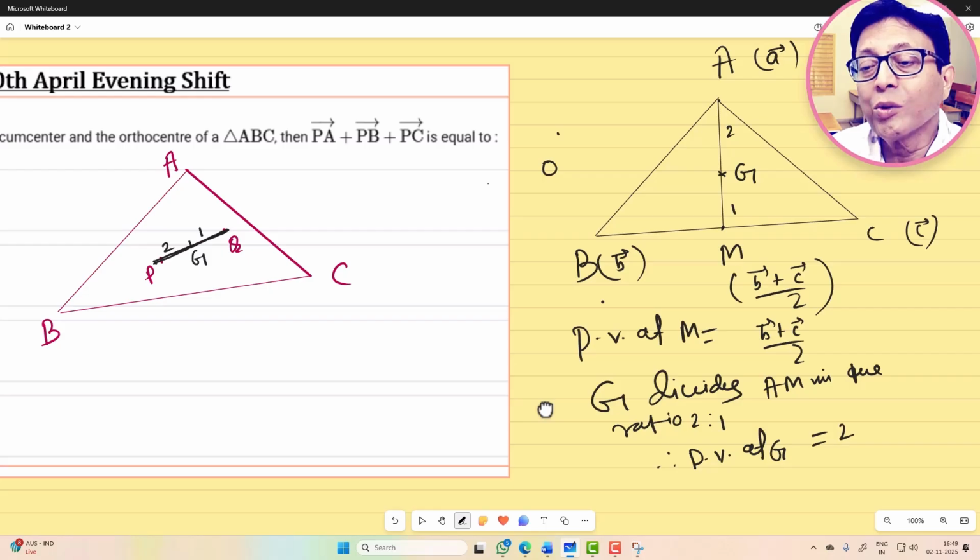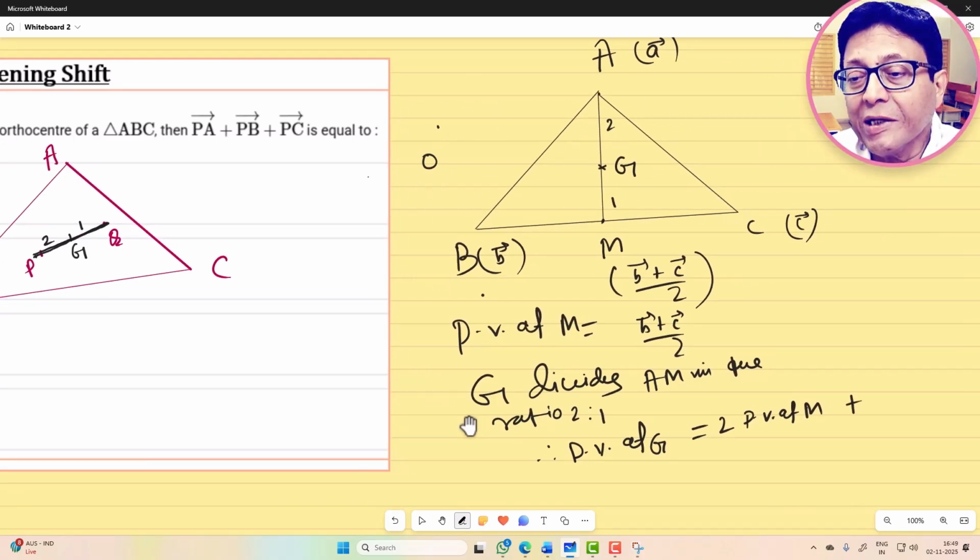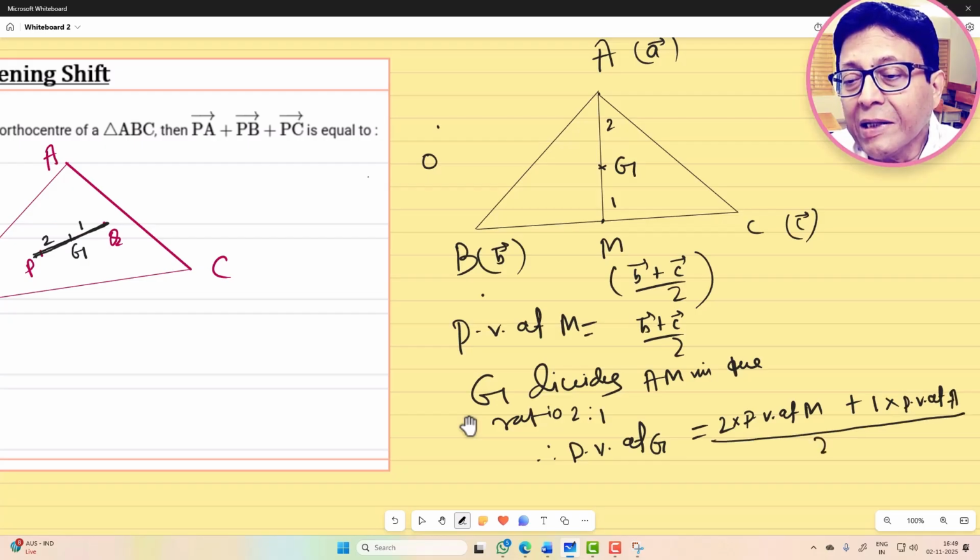That is 2 into the position vector of M, add 1 into the position vector of A, divided by 2 plus 1.